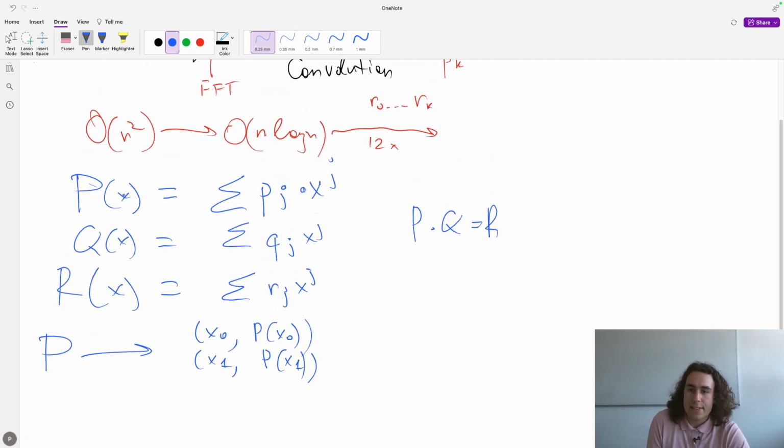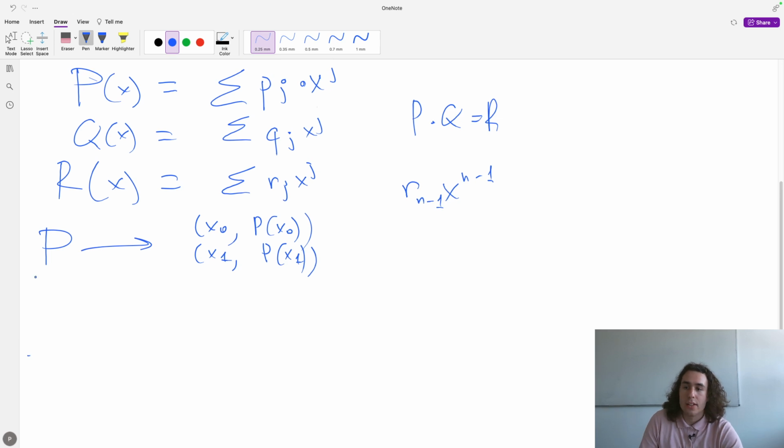And let's say that n is the size of these polynomials. So the largest degree of R is n minus 1. So the last summand is R n minus 1 times x to the n minus 1. So these are even smaller.